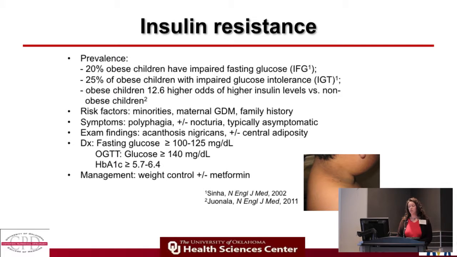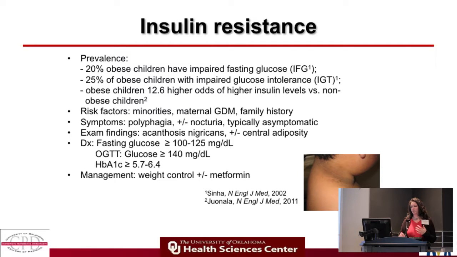The risk factors here are minority populations, a mom with gestational diabetes, especially if she had it at the time she was pregnant with the child, and a family history of type 2 diabetes in a first or second degree relative. It's asymptomatic.